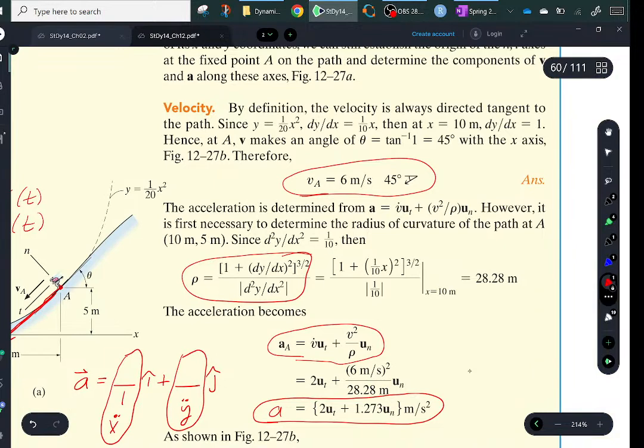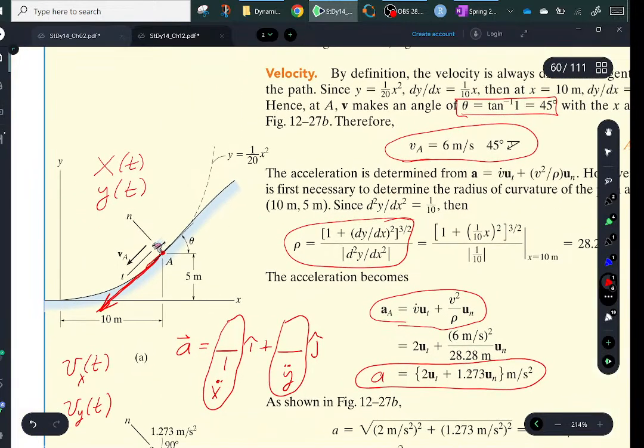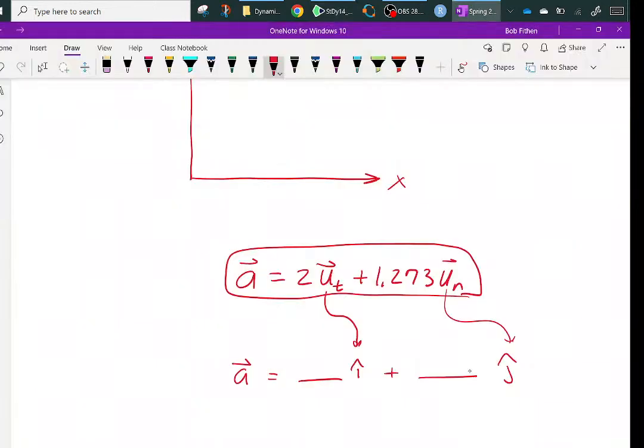Turns out he says hence at A, velocity makes an angle of that. So it's 45 degrees. So now let's do this. Let's go back over here and say, it doesn't really matter. I can just draw a line that's 45 degrees. That's roughly 45 degrees.